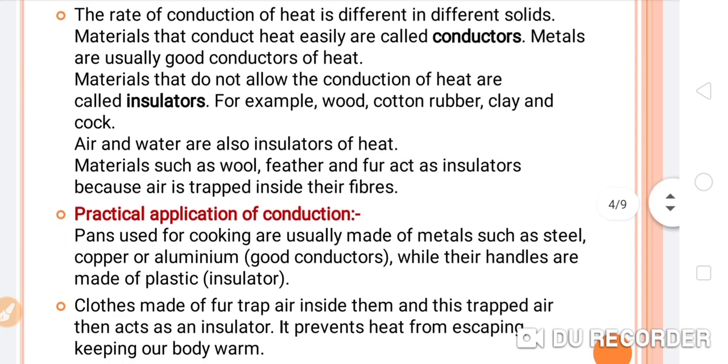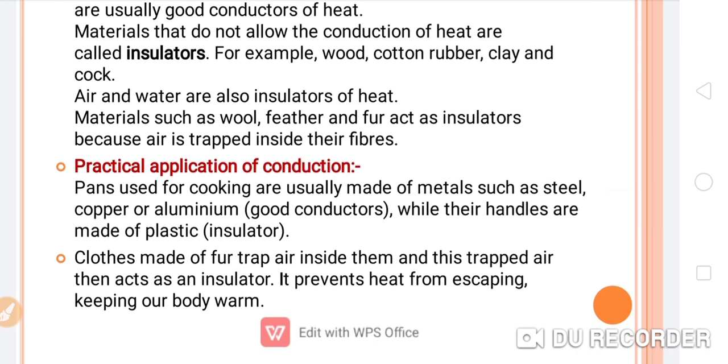Now next, practical applications of conduction. What are the practical applications of conduction? Pans used for cooking are usually made of metals such as steel, copper, or aluminum. Why are we using these metals?